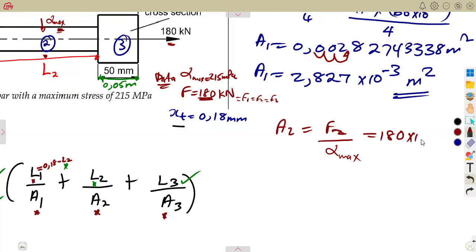180 times 10 to the exponent of 3 over the maximum given stress of 215 megapascal. We're going to have the area there. Just like that.